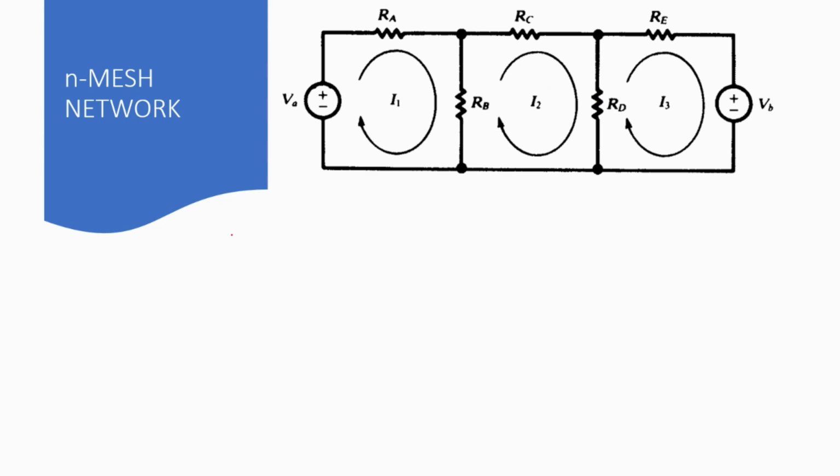Even using the empirical formula, we can find that the number of individual loops L is going to be 3, because here we have 7 branches and 5 nodes. Since B is 7 and N is 5 and L is given by B minus N plus 1, we get L equal to 3.